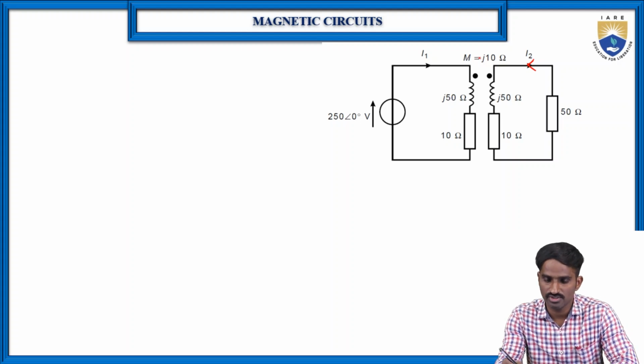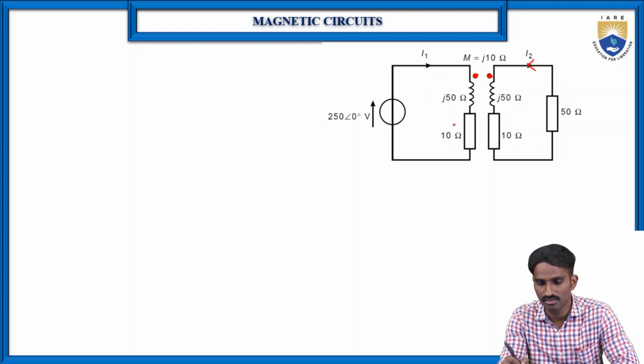In this case, as you can see, in the primary winding the current is entering through the dotted terminal, and in the secondary winding also the current is entering through the dotted terminal. Which means the sign for the inductance and the mutual inductance is the same, so the direction of the self flux and the mutual flux are in the same direction.